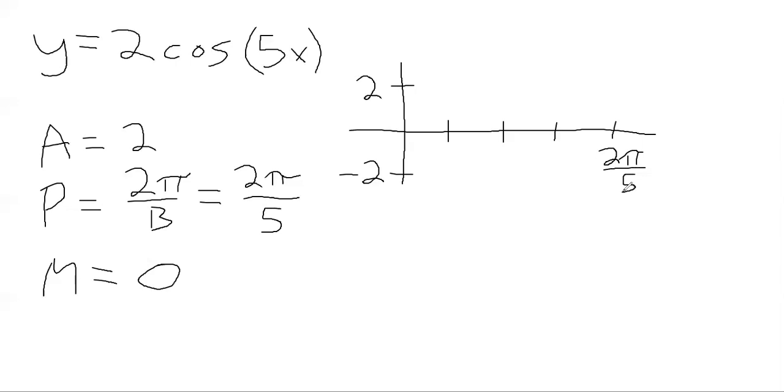Now, in order to find the first section there, I would need to divide my period by 4. So off to the side here, let's change colors. And I will take my 2 pi over 5, and to divide it by 4, I can go ahead and multiply by 1/4.